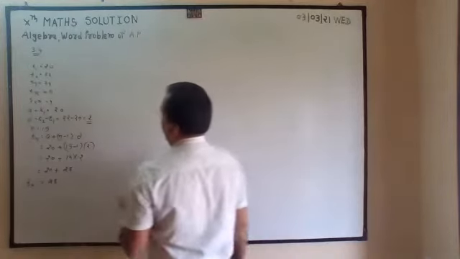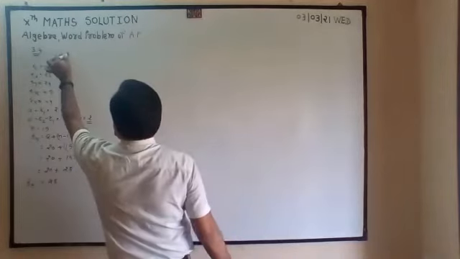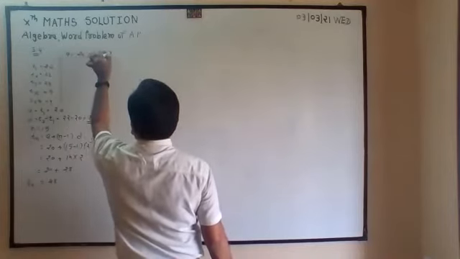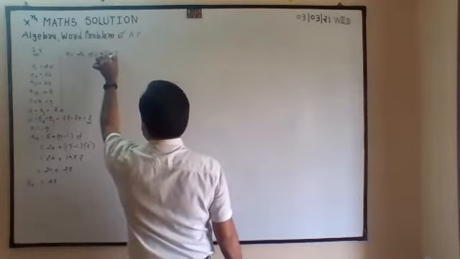Now A we have 20, D we have 2. Now n we have 27, to find S27, the total number of seats in the auditorium.